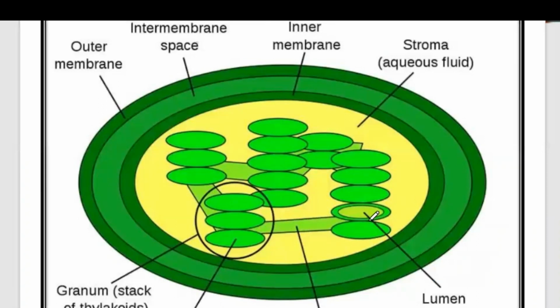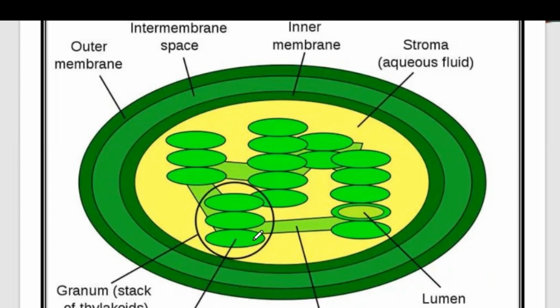You understand? And the pockets where you find the actual green coloring matter, which we call chlorophyll, are the thylakoids. The thylakoids are the piles where you find the green coloring matter, the chlorophyll.